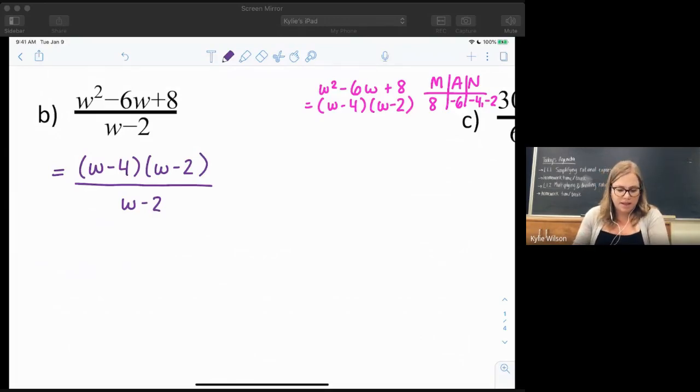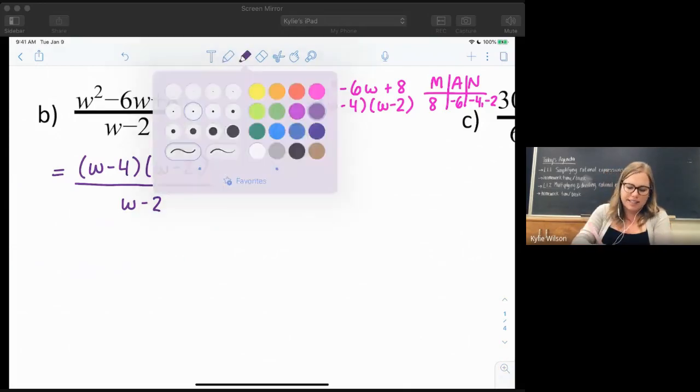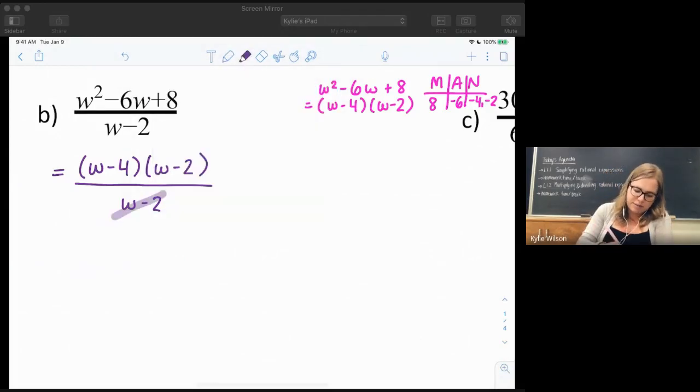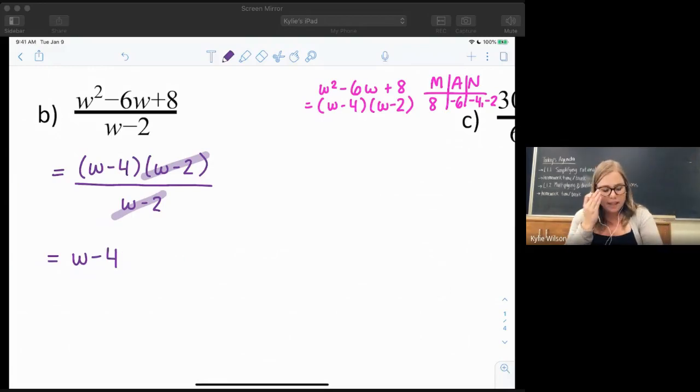Now that everything has been factored fully, I can begin canceling stuff. So I have a w minus 2 in the denominator and in the numerator. So my final answer is w minus 4. The final step is our restrictions.